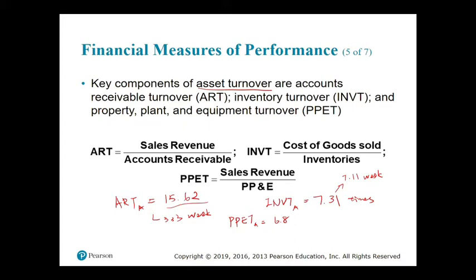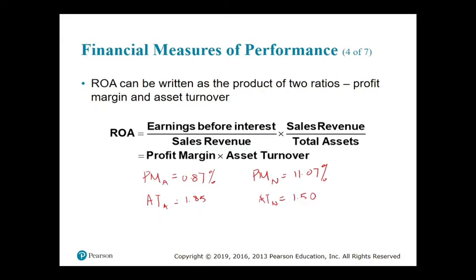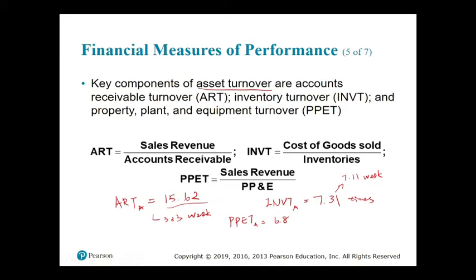And so it turns out Amazon achieved a higher asset turnover rate than Nordstrom by turning its inventory faster and generating more revenue per dollar invested in PPE.